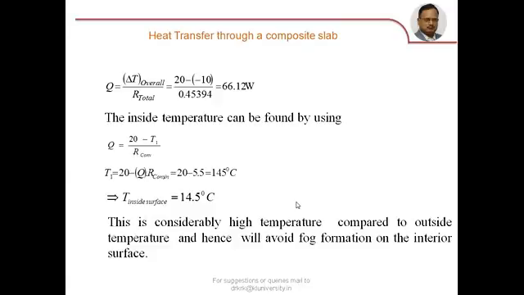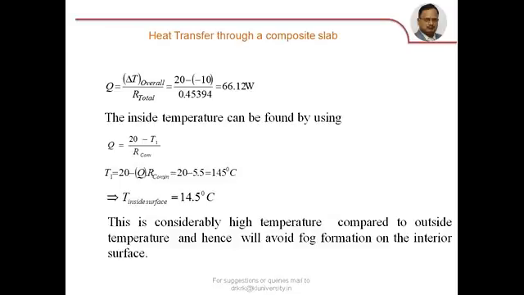So if you observe, the inside surface temperature is 14.5, which is considerably high, therefore it will avoid formation of fog on the interior surface. Instead, if you go for only a single glass plate without air gap, probably the inside surface temperature may fall well below the dew point temperature of the surrounding air, which will result in fog formation on the interior surface, and that will spoil the environment of the room also.